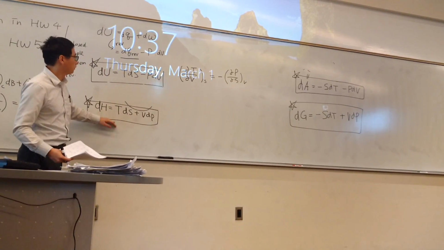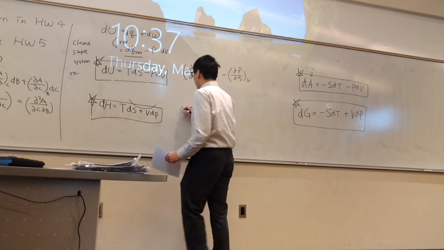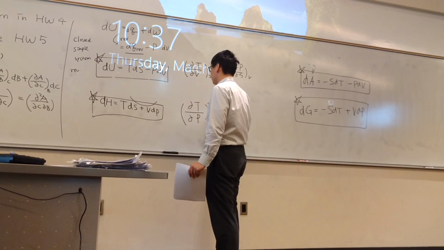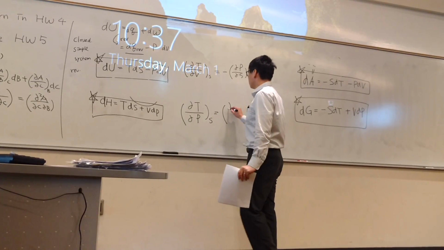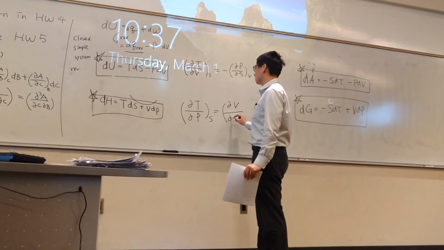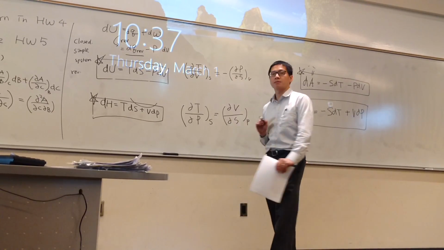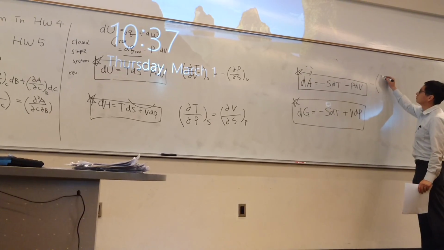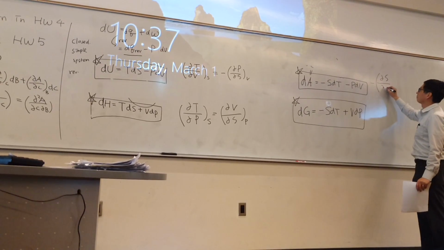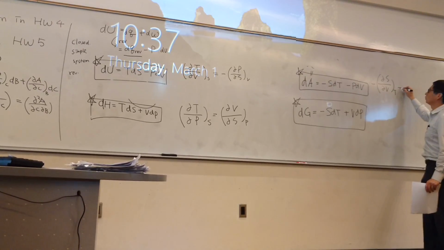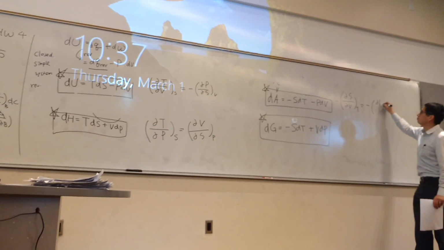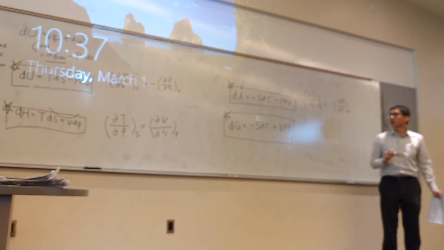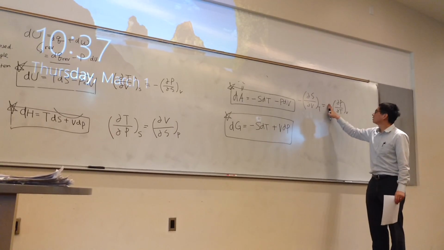So for your dH, you can also write partial T, partial P at constant S is going to equal partial V, partial S at constant P. Here you will write negative partial S, partial V at constant T is going to equal negative partial P, partial T at constant V. Of course, the negatives will cancel out.